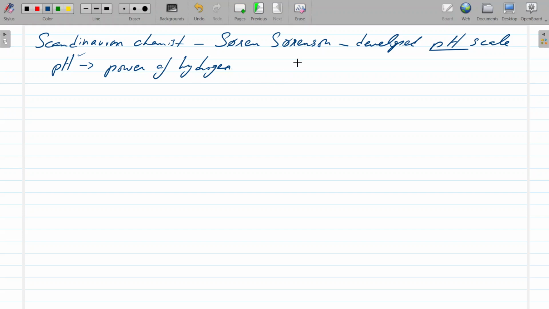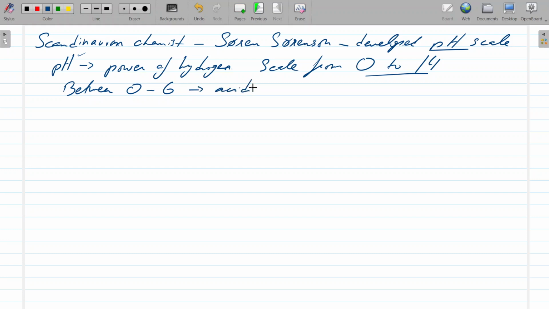So power of hydrogen, and this scale goes from 0 to 14. Between 0 and 6, if the pH of a chemical is between 0 to 6, that would be considered acidic.